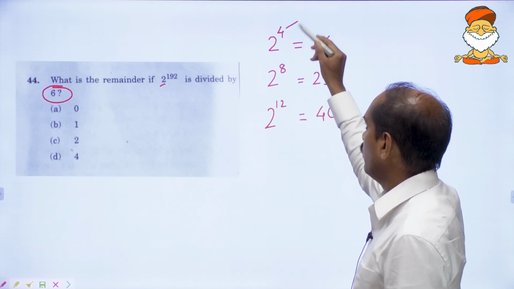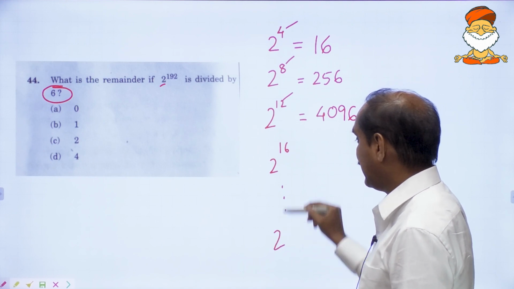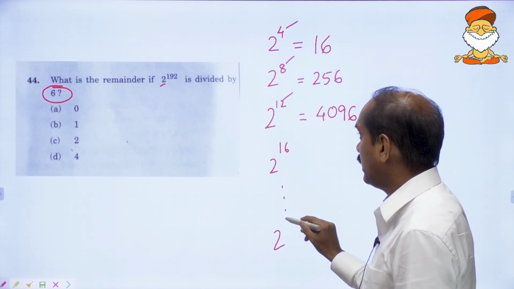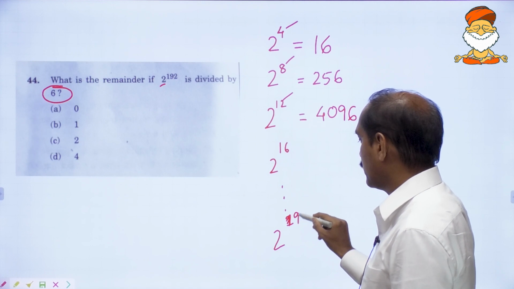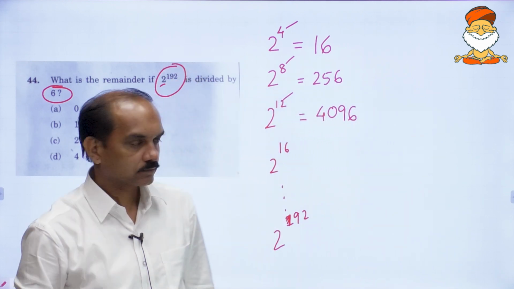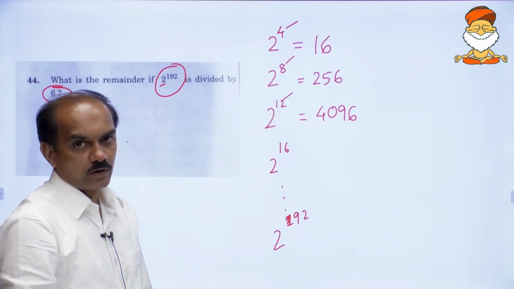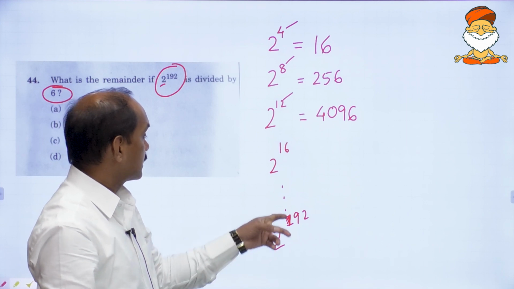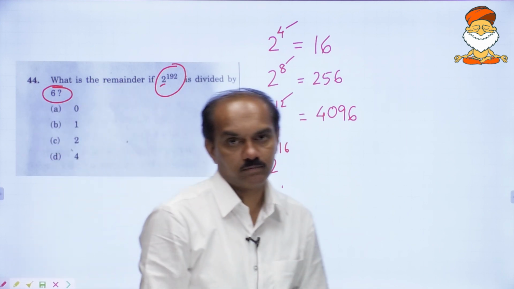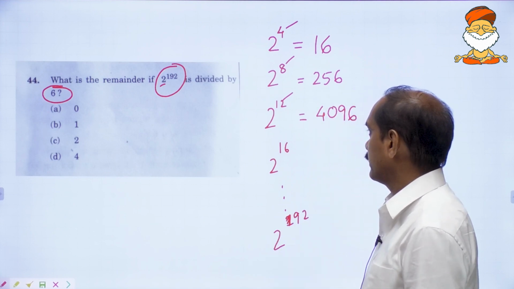And this is a trend: 4, 8, 12, 16, right? And in this category only you will see 2 to the power 192, which is given here. This is the series, this is the pattern wherein the given number will fall.